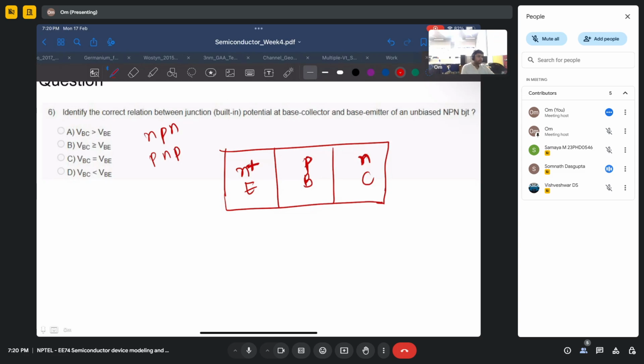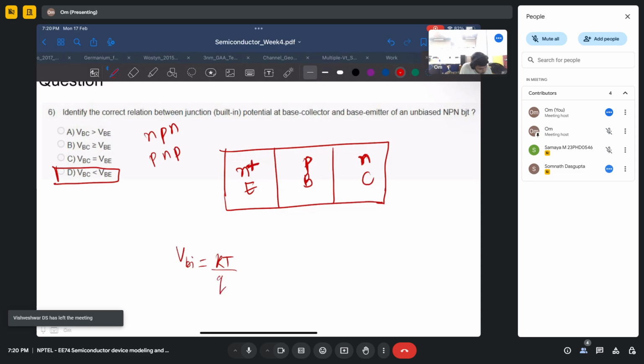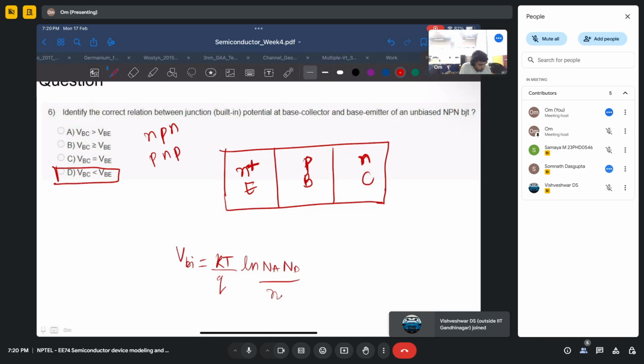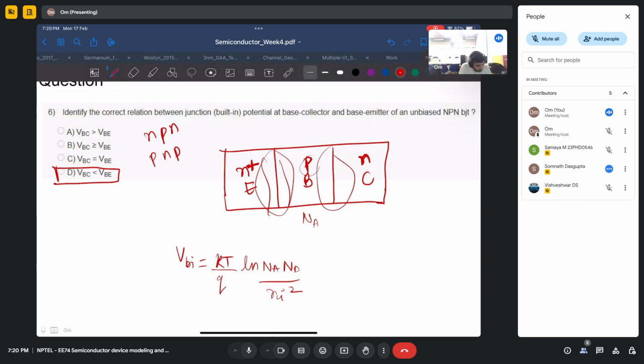Is it that the base-emitter will be greater compared to the base-collector? Right, option D. Because we know that VBI is KT by Q ln Na Nd by Ni square. Na is the same. Let's just talk about this junction or this junction. For both of them, Na is the base doping.